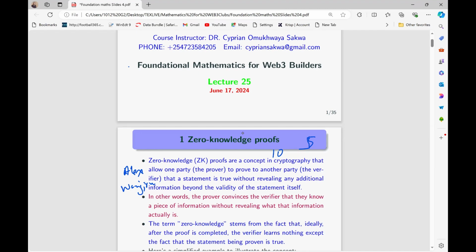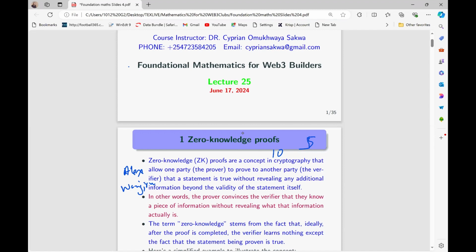So you see what Wanjiru is doing: she's trying to prove that she knows how many leaves a tree has, but she doesn't want to tell Alex how many leaves are there on the tree. Using some ways, she's able to show Alex that indeed she knows.